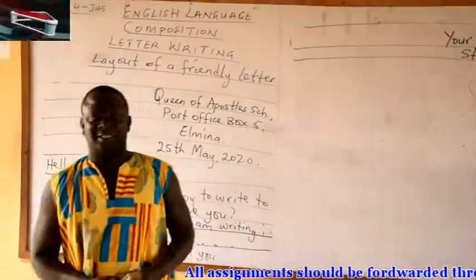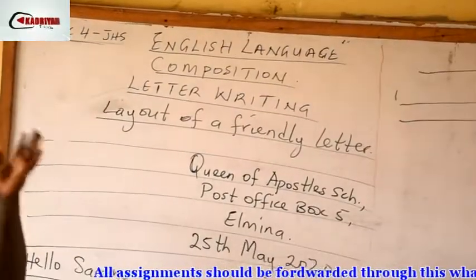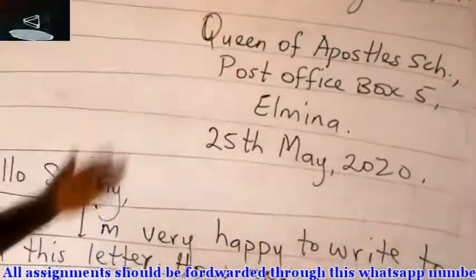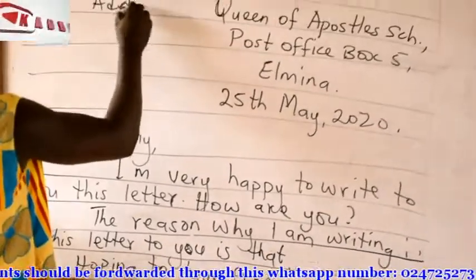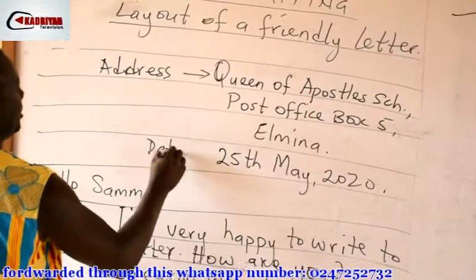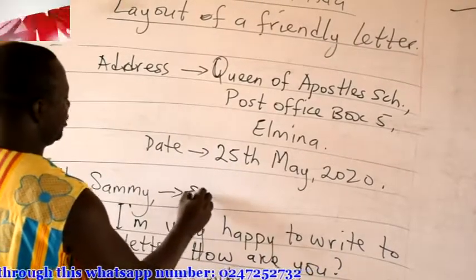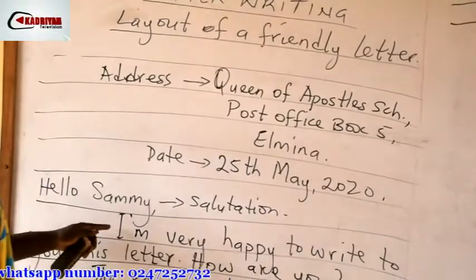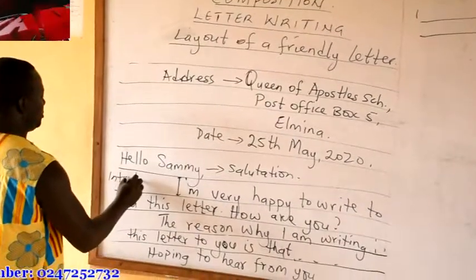So all the features are here. And this is the layout, how you are going to arrange it. The features: address is this one. This is date. This is salutation. This is introduction, intro.